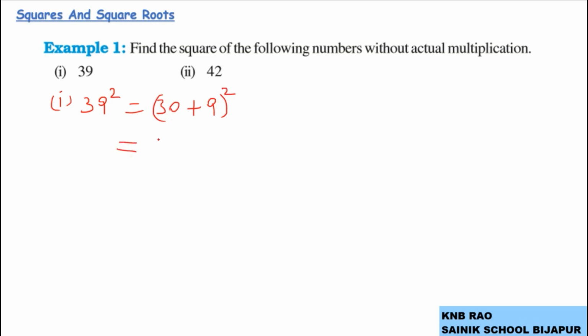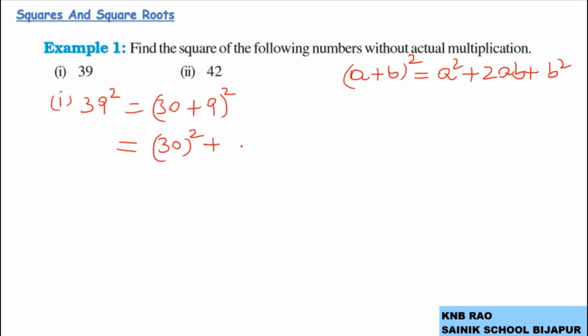Using the identity a plus b whole square, which is a square plus 2ab plus b square, we can write it as 30 square plus 2 into 30 into 9 plus 9 square.